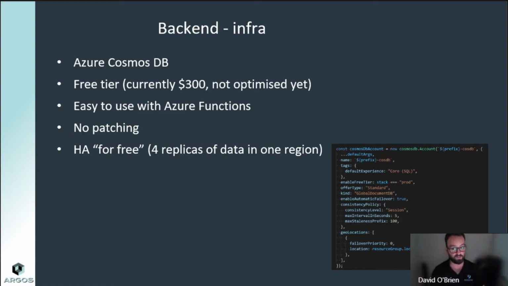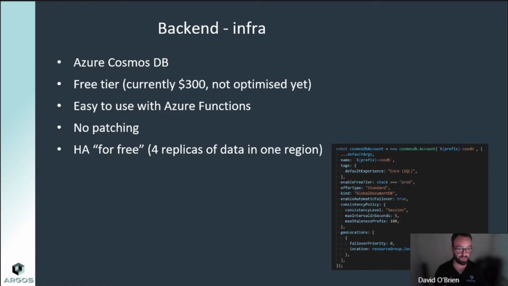Yeah, Cosmos DB comes with some really nice benefits because it's a NoSQL platform. It has super fast writes and reads, which is really important to us because we write and read a lot. It's really simple to integrate into Azure Functions, as in super simple. Couldn't be easier, really.